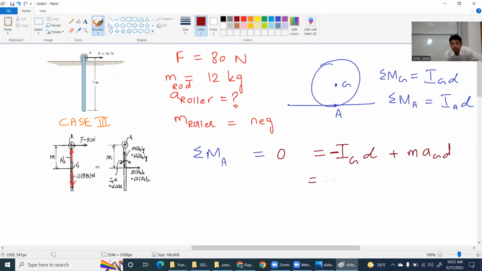So now I will write minus 1 over 12 M L square alpha plus, now I will write mass of rod multiply by AGD. By the way, can anyone tell me whether I'm talking about AG means this acceleration at this point, or I'm talking about acceleration at the center of mass?